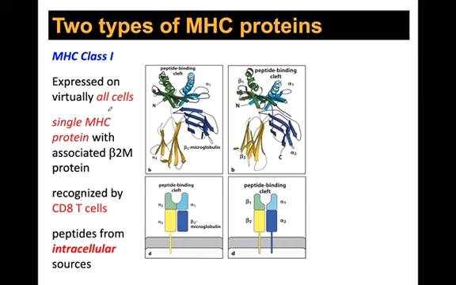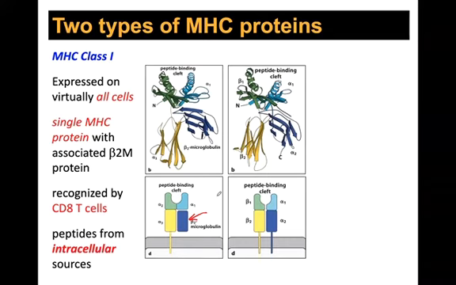For MHC1, there's a single MHC protein. Here you can see the alpha 1, alpha 2, and alpha 3 domains with the transmembrane tail. And that's complexed with a soluble protein that's very high abundance in the blood called beta 2 microglobulin.